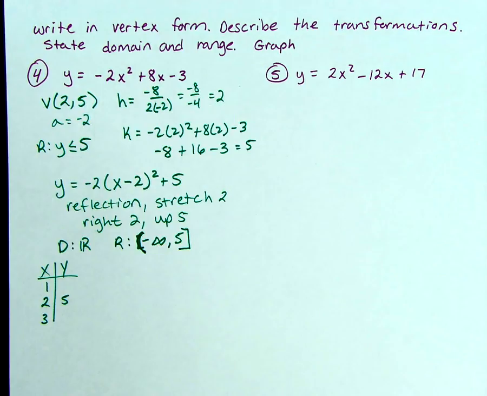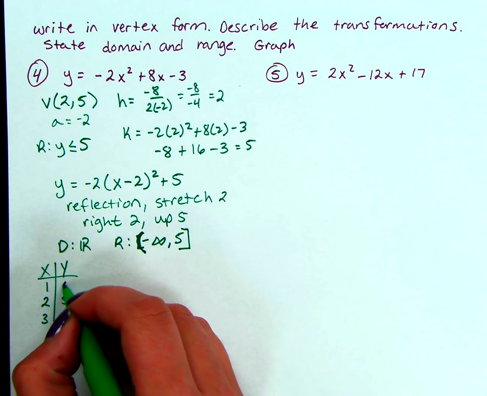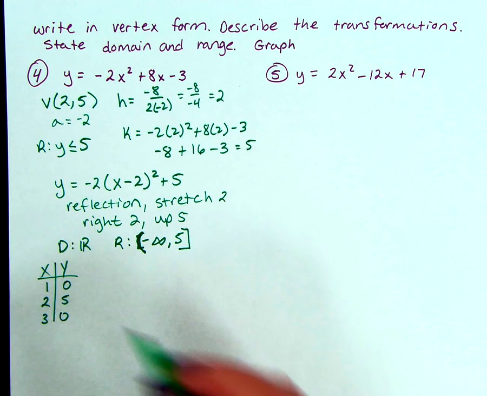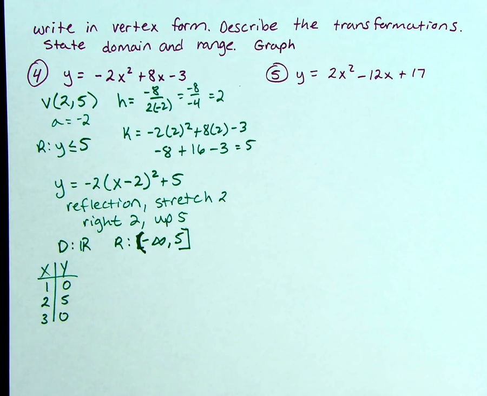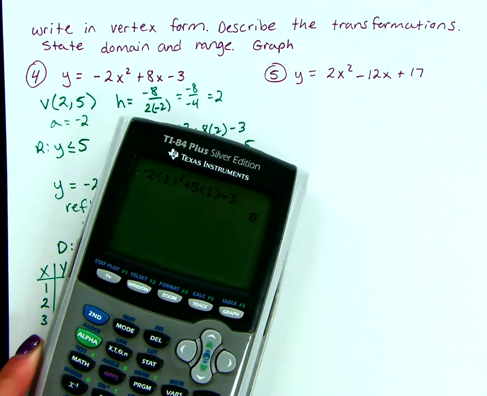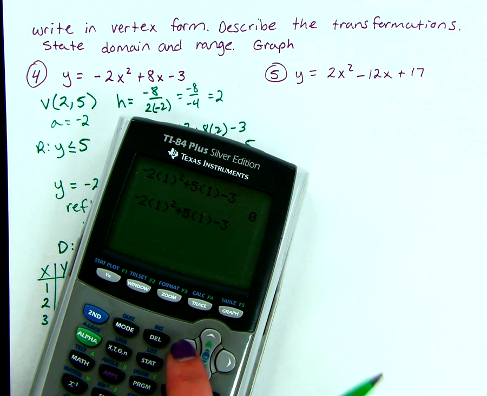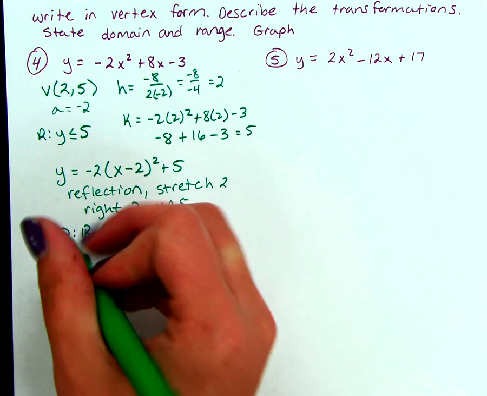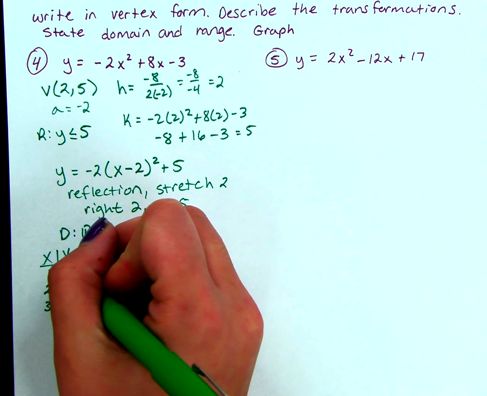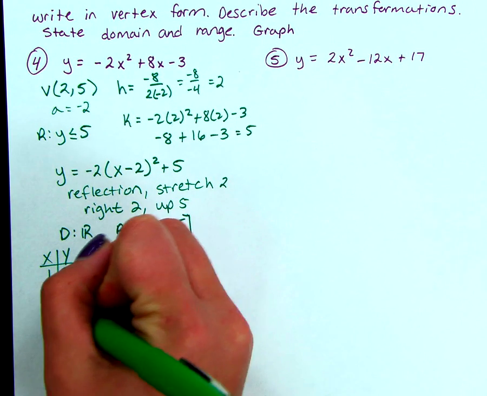So 0. And then 3 would have to be 0. So now, oh wait, hold on. Sorry, I mistyped. That 5 should be an 8. There you go. So it should be a 3. And then that means that this one's 3.